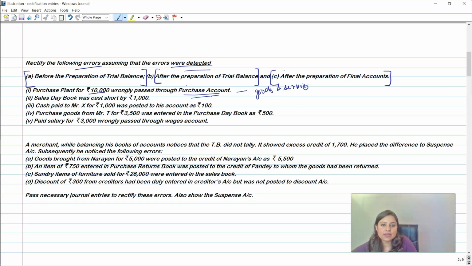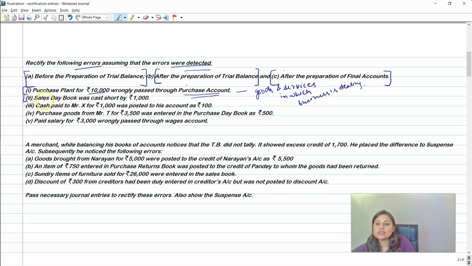The purchase account maintains all the purchases of the goods in which the business is dealing or which helps in generating the revenue for the business. However, a purchase of the plant must be the asset of the business. However, that purchase has been recorded wrongly in the purchase account, right? So the first error is this.